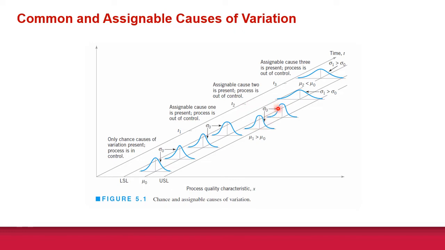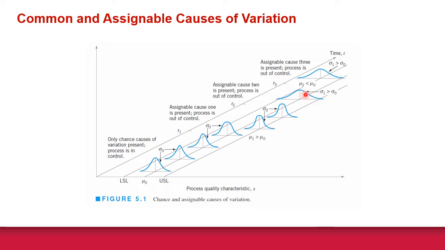At time T2 here, we take another sample. And what happens now is the mean shifts back to its regular value, but now the standard deviation expands, and this is the result of another assignable cause variation.